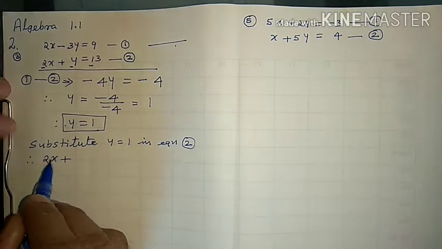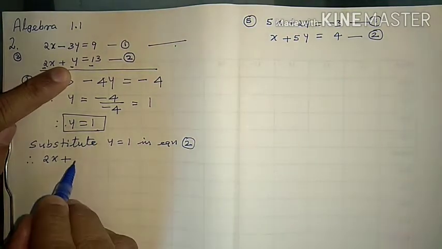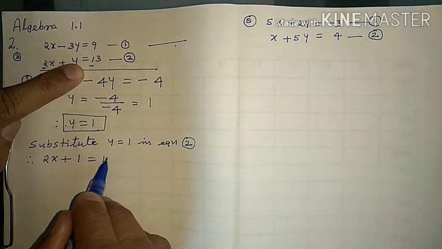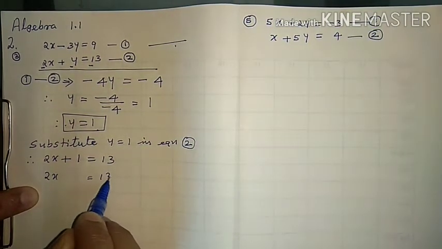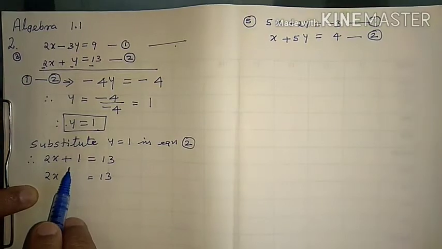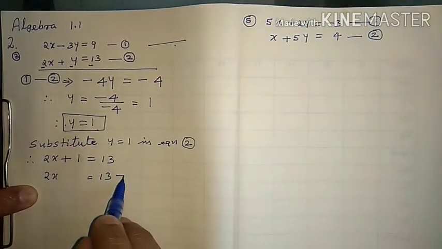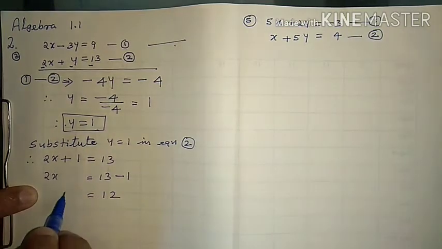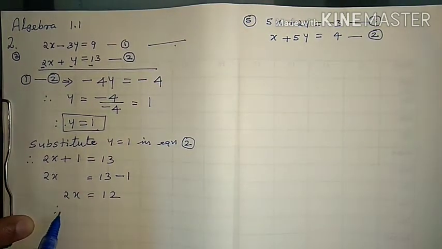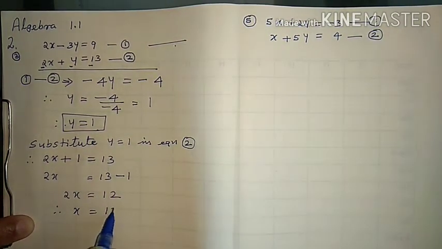Therefore 2x plus y, which is 1, equal to 13. Therefore 2x is equal to 13 plus 1 taken to the other side, minus 1. 13 minus 1, 12. That is 2x. Therefore x is 12 upon 2, which is equal to 6.